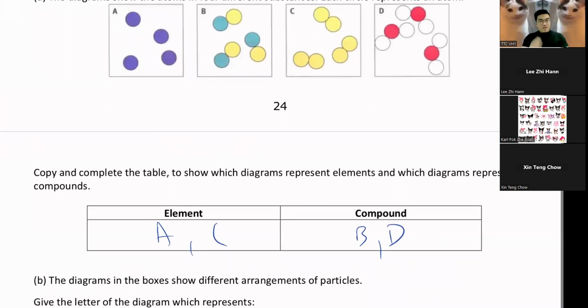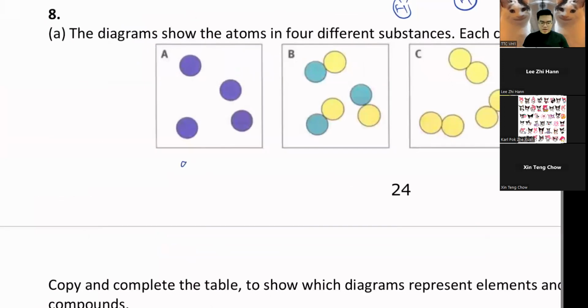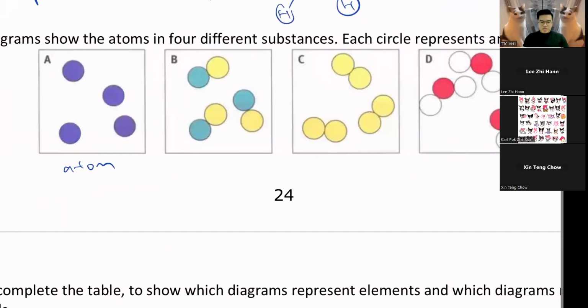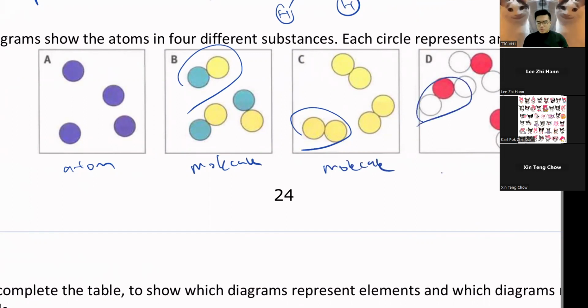But atoms and molecules are different. This is an atom. These are atoms. This is a molecule, because each one got 2. This one also molecule, this one also molecule, because this one got 3.